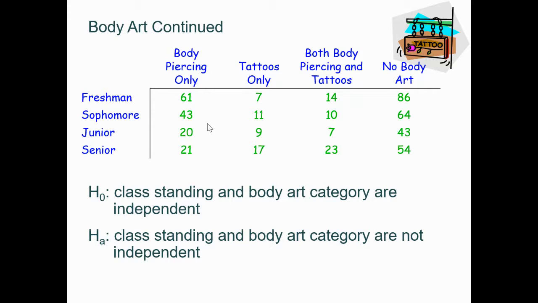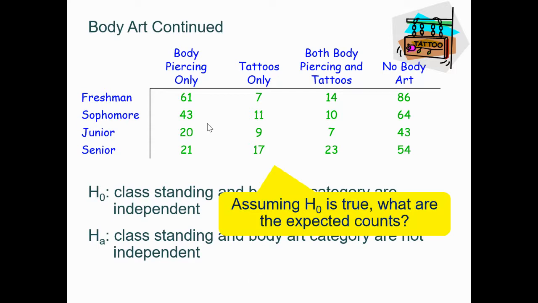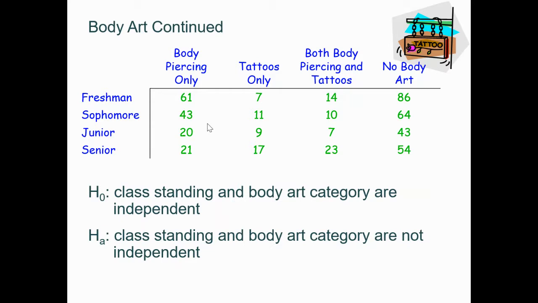Okay, so now, once we've done that, we need to look at the expected counts. So we gotta get the expected counts, which means, for one, we need to get column and row totals. Let's get the column totals first.